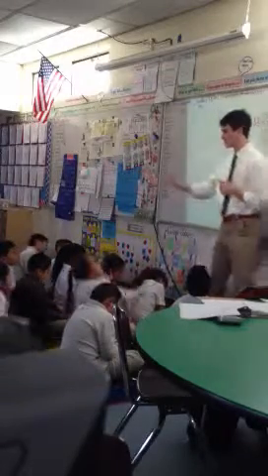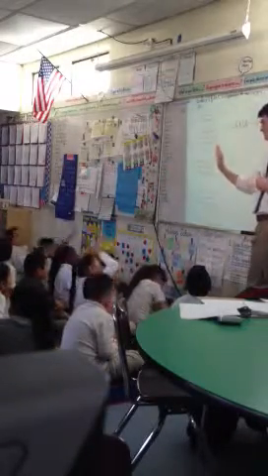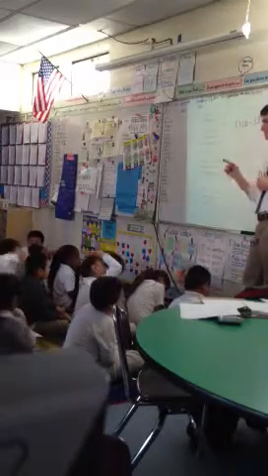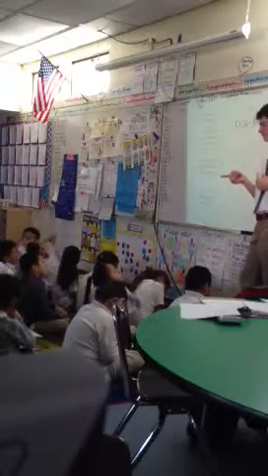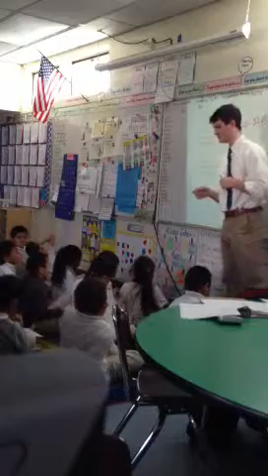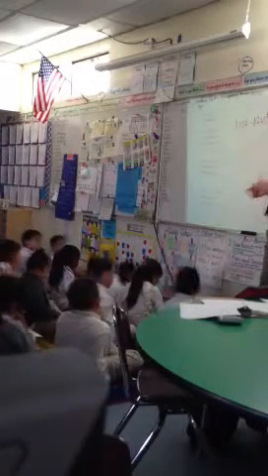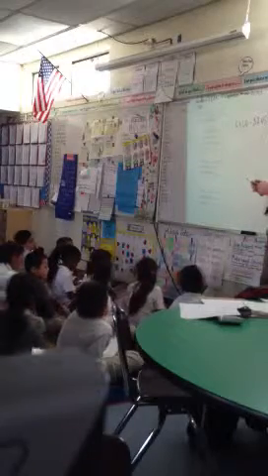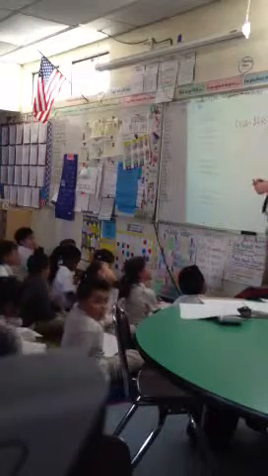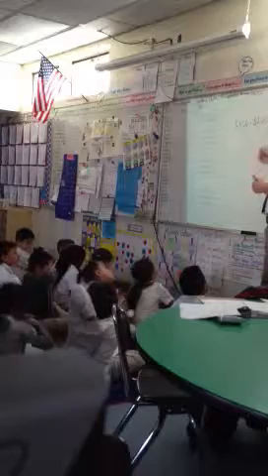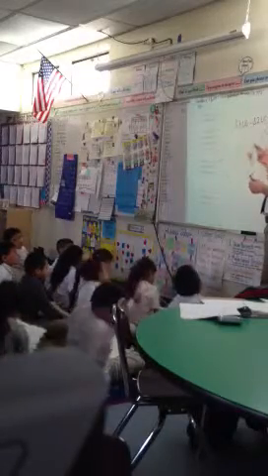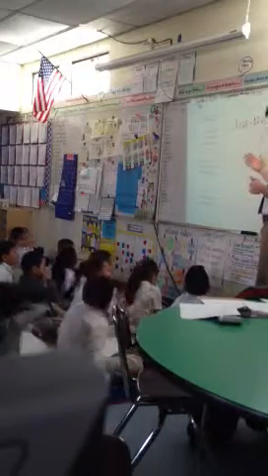Okay, how many cents is 5 jumps of 10? 50. Why is it 50? Because it counted 5 times on fingers. Yeah, right. 10, 20, 30, 40, 50.